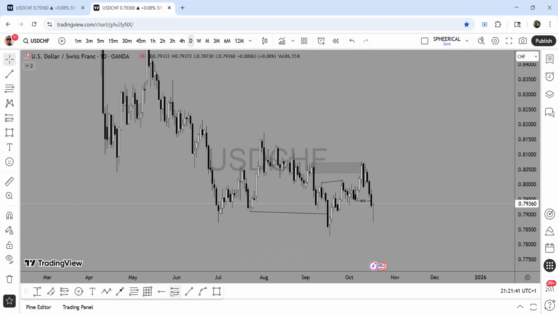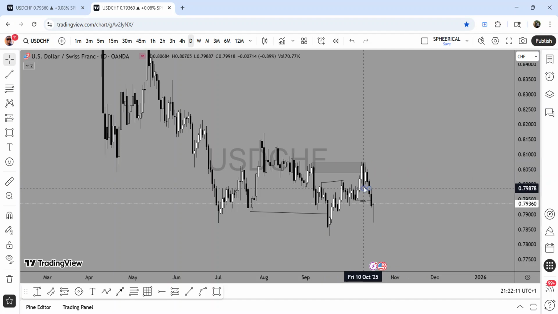Then we also have some internal structures like this. This is actually a market structure shift or change of character, because we know that this market has been retracing up to the supply zone before. So it has now confirmed that it has changed character from this uptrend retracement.